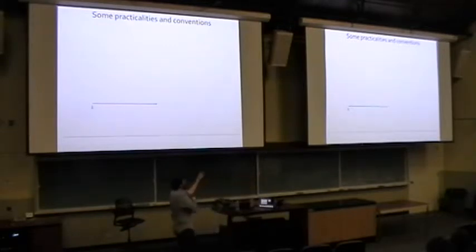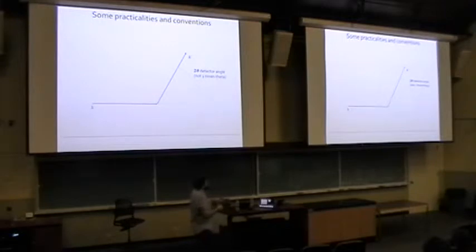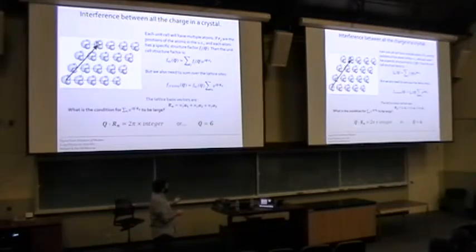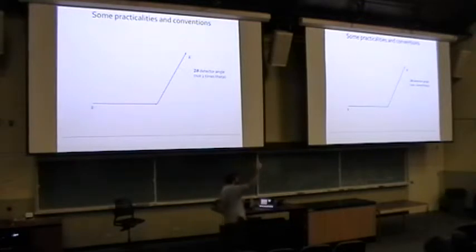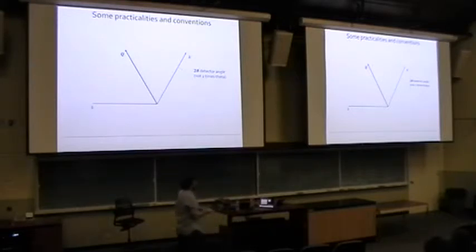Practical things: if you end up doing an experiment and you're trying to figure out how to calculate Q, you have an incoming photon with wave vector k, and you move your detector to some other angle, and then the subtraction of one wave vector by the other gives you the Q. Okay?